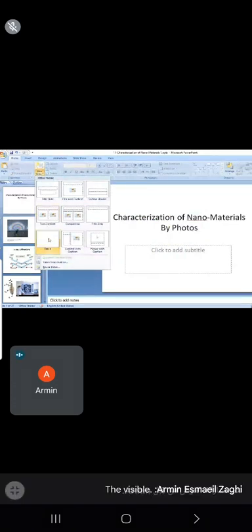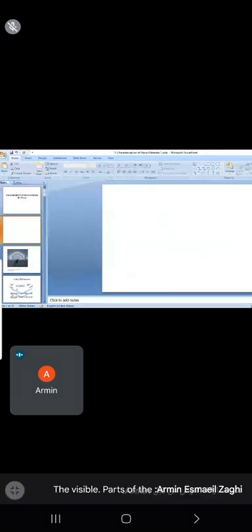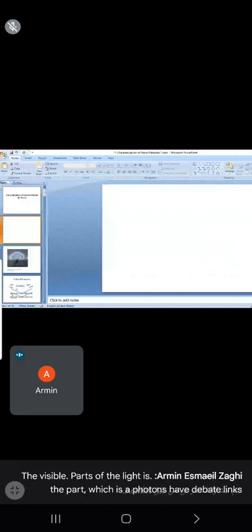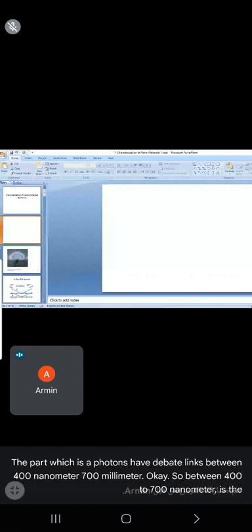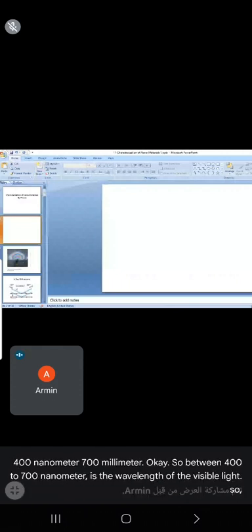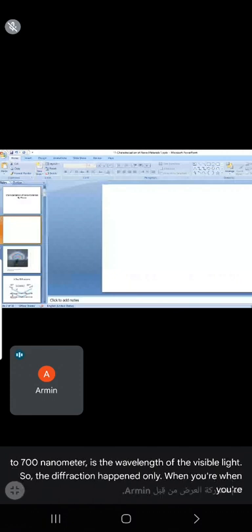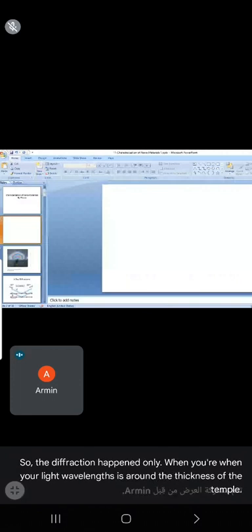The visible part of the light is the part in which the photons have wavelengths between 400 nanometer to 700 nanometer. Okay, so between 400 to 700 nanometer is the wavelengths of the visible light. So the diffraction happens only when your light wavelength is around the thickness of the thin film.